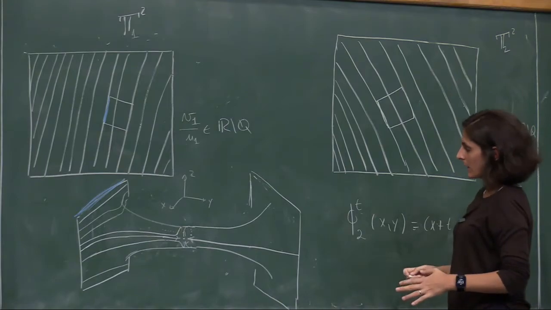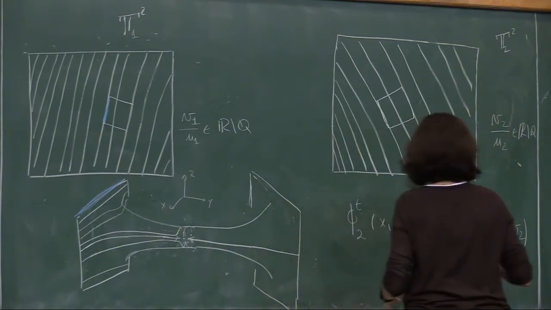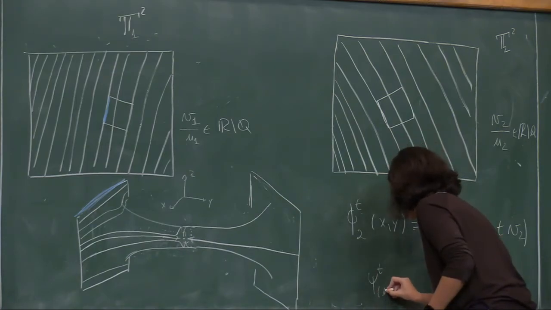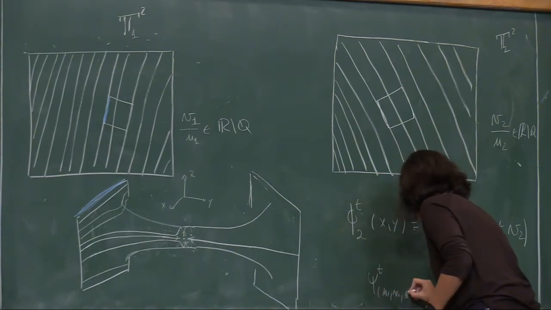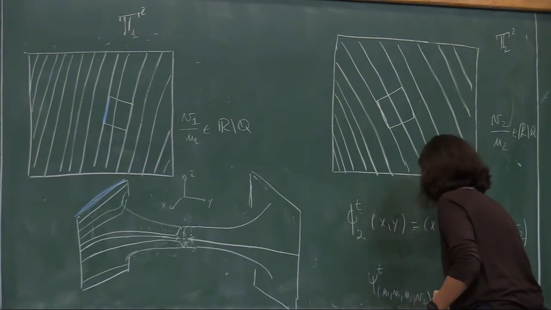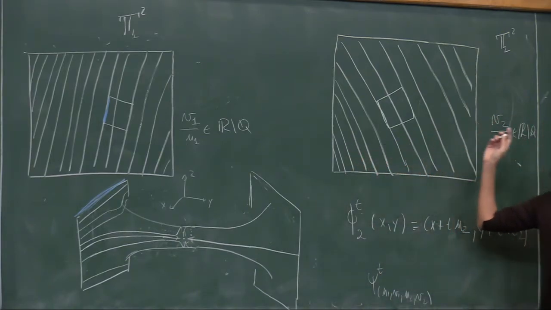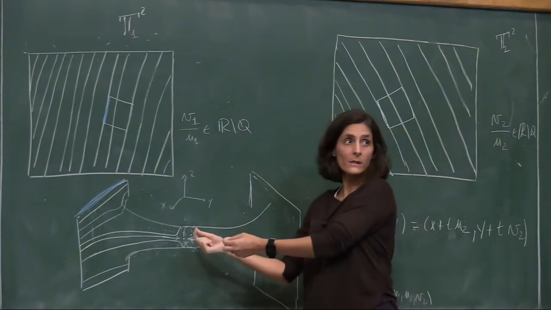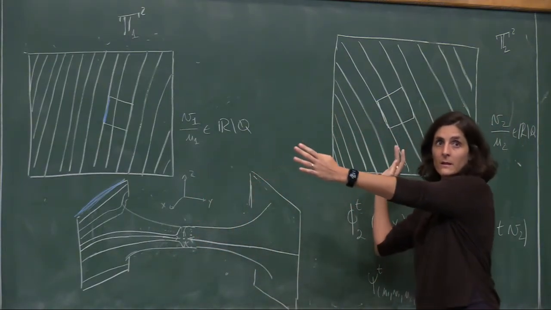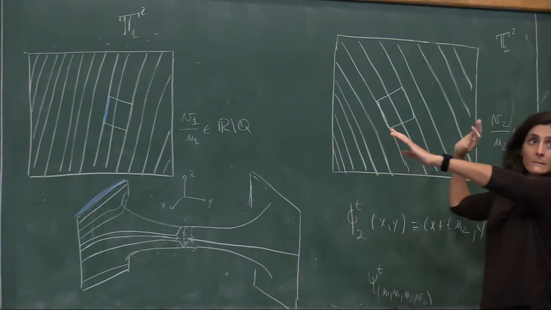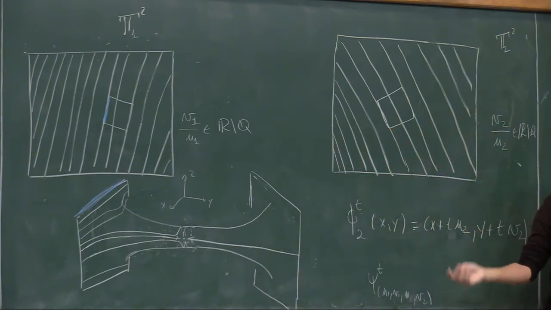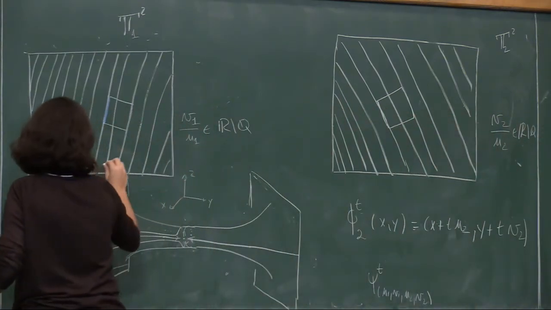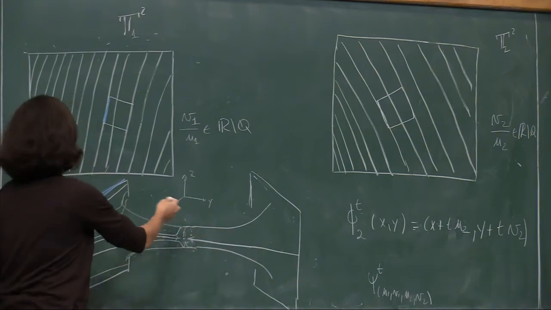Okay, so now I'll call the resulting thing psi t of u1, v1, u2, v2, because they depend on these u1, v1, u2, v2. And I have these two fixed points in the resulting surface sigma, and I have no other periodic orbits.